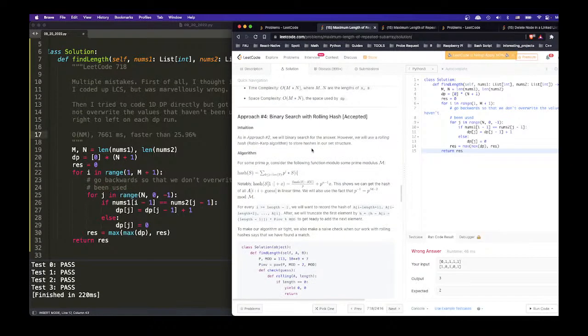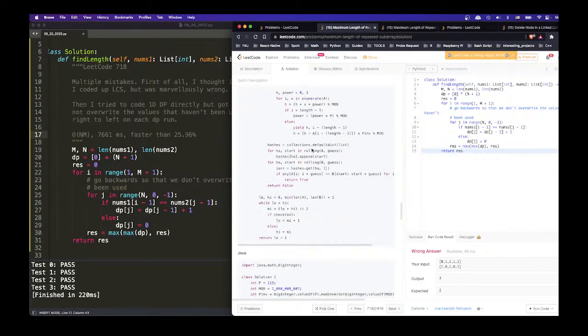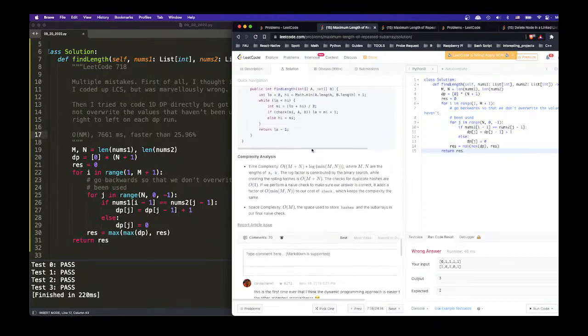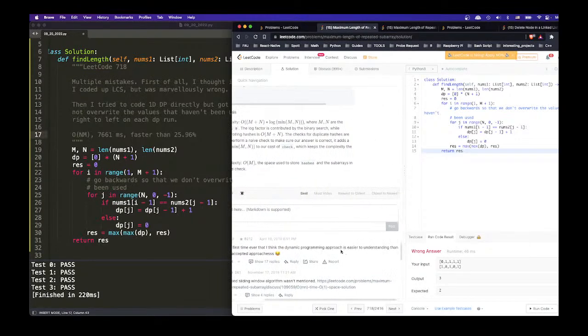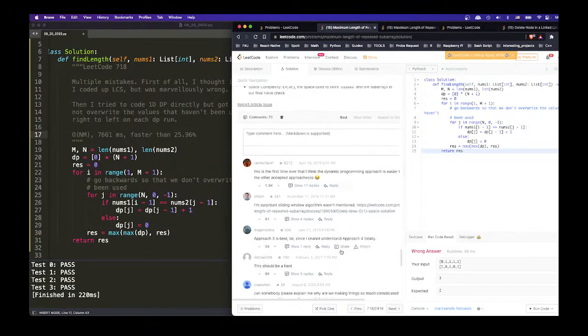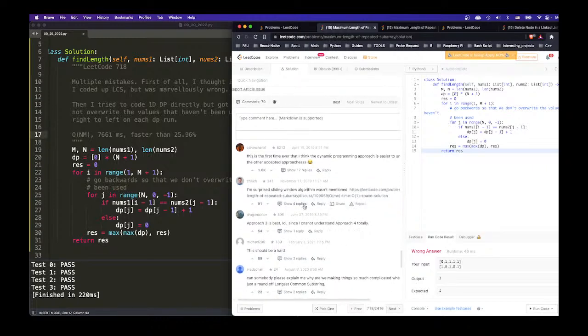Yeah, DP works, sure. Oh, rolling hash, jeez, God. Sliding window.